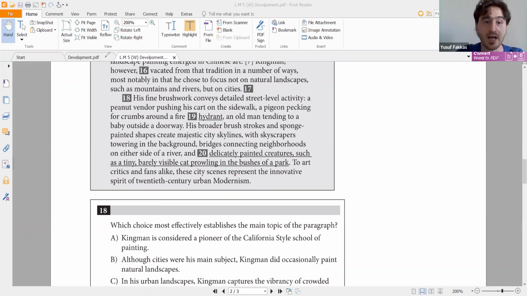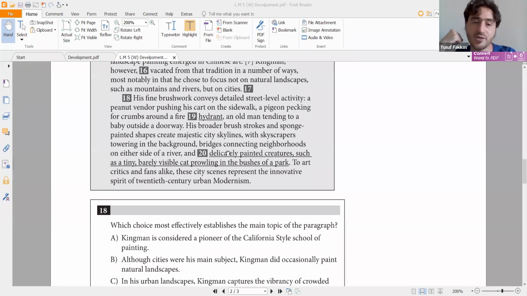Now, of course, in the test, you don't want to waste your time. If you can answer question number 19 while you are reading, you do it. You don't wait. If you can answer question number 20, you don't wait. Remember, timing is very important on the SAT.